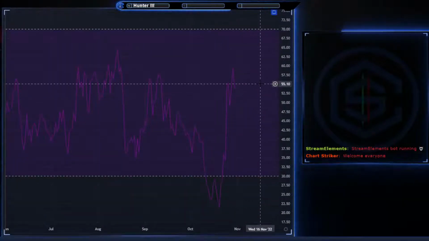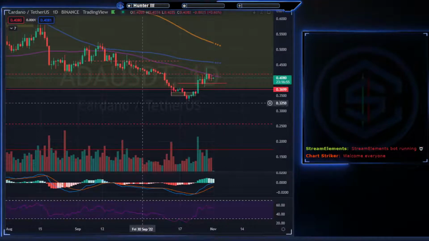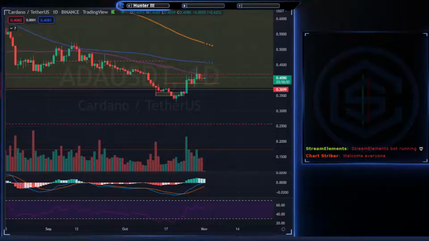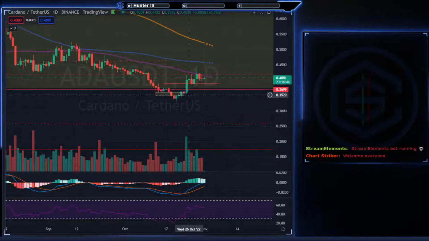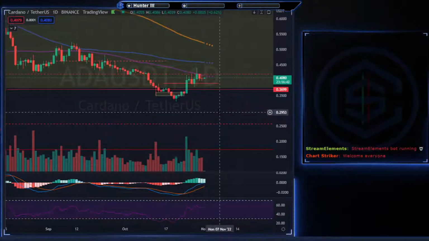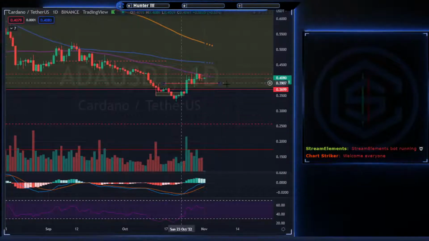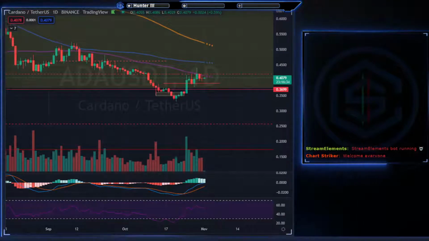RSI is neutral, but not much going on. I mean, if you ask me, between Cardano and some other markets we've had a look at, Cardano is one of the weak ones right now. We might see this change, and when it does, we are going to talk about it. But Cardano is looking like one of the weak ones right now.